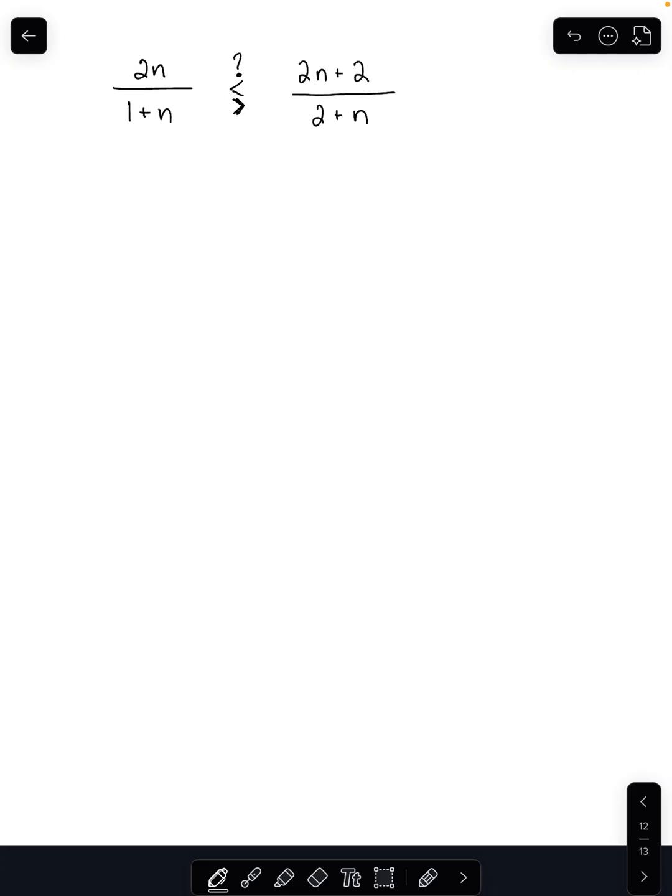Now, to make this comparison, we're going to have to get a common denominator on both sides. So what we can do is multiply on the left side by 2 plus n, and multiply on the right side by 1 plus n.